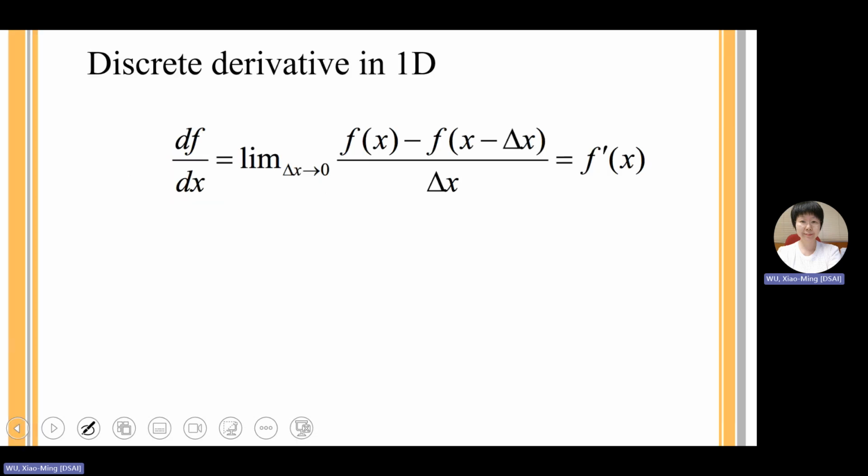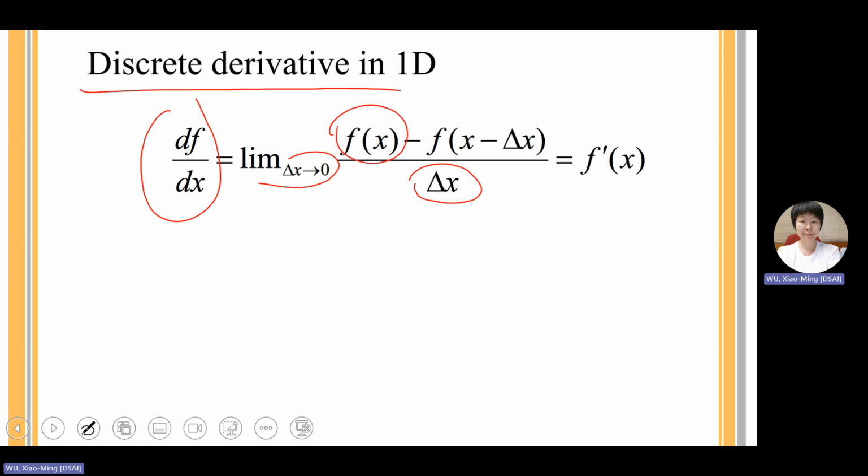Then what about the derivative for images? If f(x) is a real function, delta x can be arbitrarily small, and this represents the changes in the function value with respect to the changes in the input. But images are discrete signals.